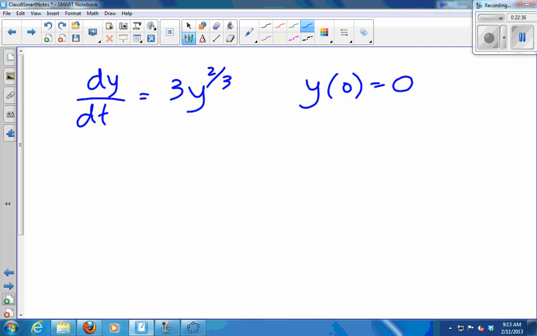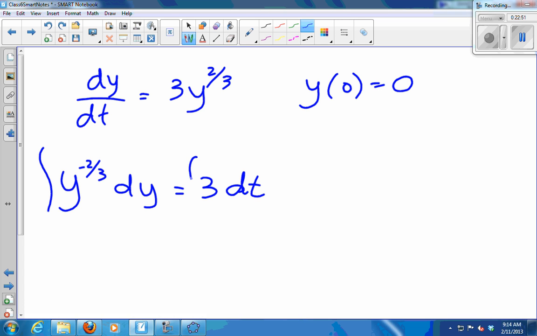Well, it's autonomous. It only has y's in it, so I should be able to solve it by separation of variables. So I'm going to have y to the negative 2/3 dy equals 3 dt. Integrate. Y to the negative 2/3, so I would add 1 to that.